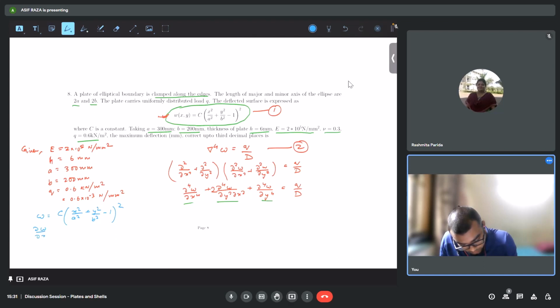Dou W by dou x would be C times 2 (x square by a square plus y square by b square minus 1) times 2x by a square, that is 4C x by a square (x square by a square plus y square by b square minus 1).